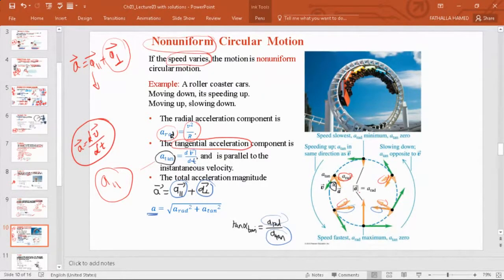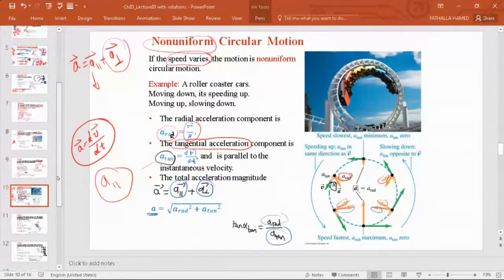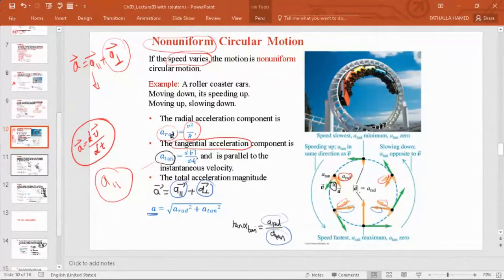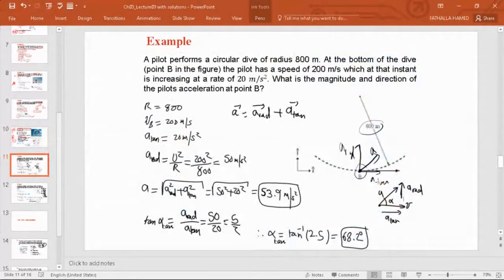So now you can perform circular motion with varying speeds as well, changing both the magnitude and the direction of your velocity, and that's why we call it non-uniform circular motion.